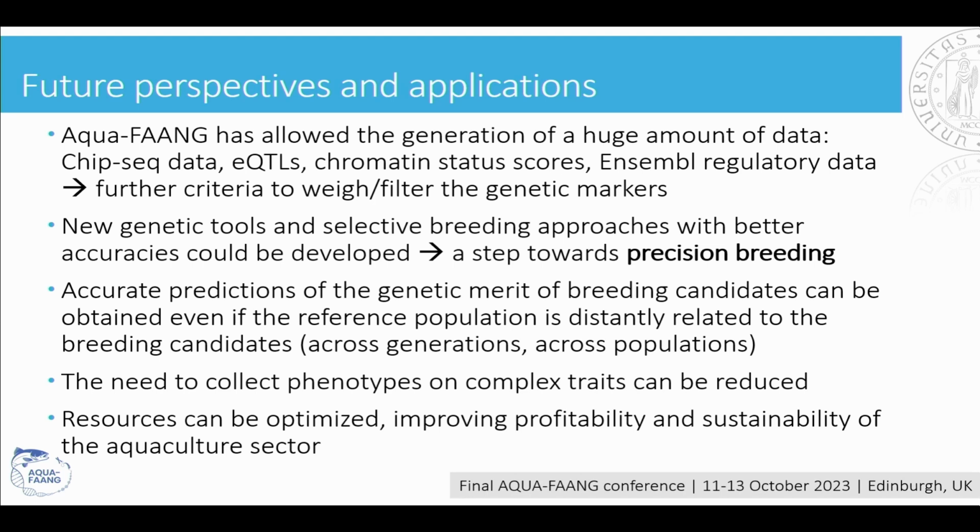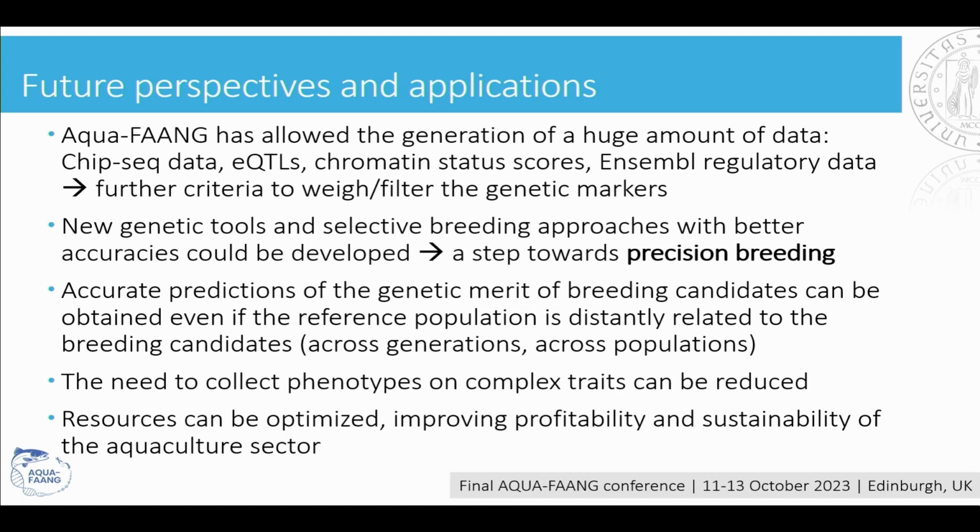So these could be other useful criteria to give a weight or to filter the genetic markers. Anyway, the integration of this functional information could be useful to produce new genetic tools and selective breeding approaches that could have better accuracies. And this is a step towards precision breeding.